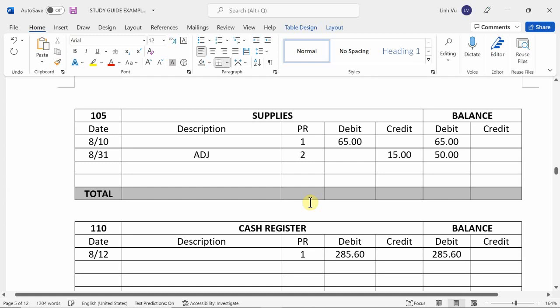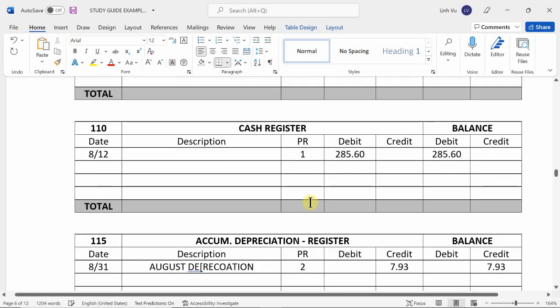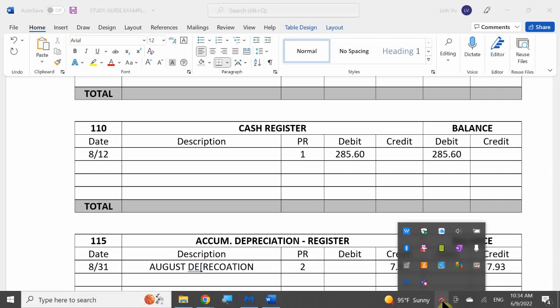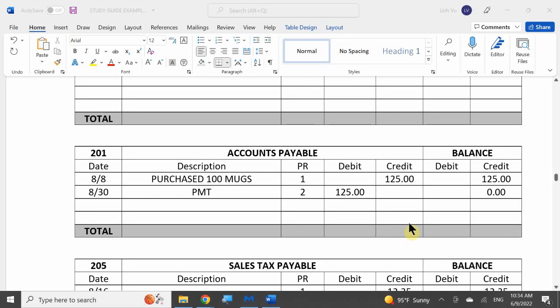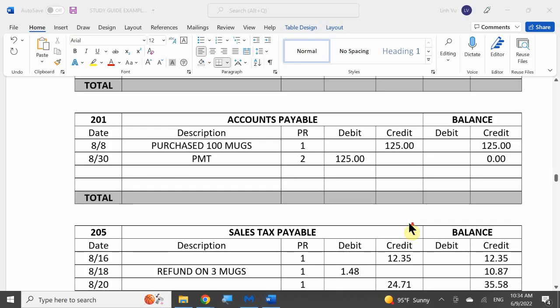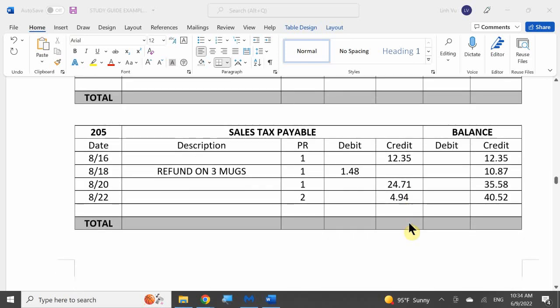We have the supplies for $50. Cash register set still at $285.60. But we have an accumulated depreciation for that, $7.93 on the credit side. And yes, so let's see what we did there.